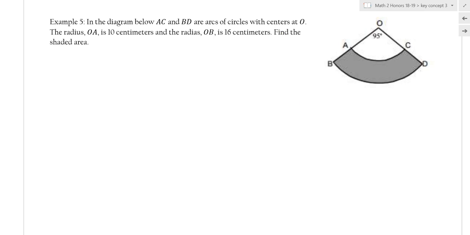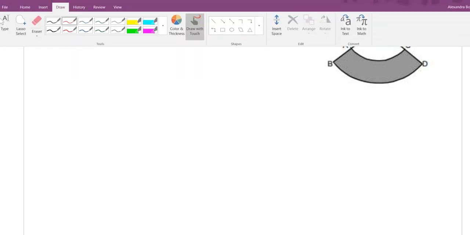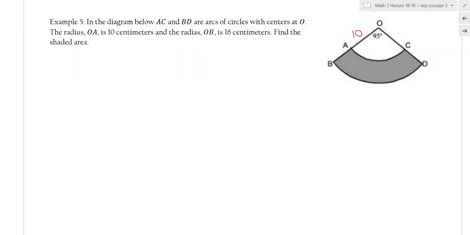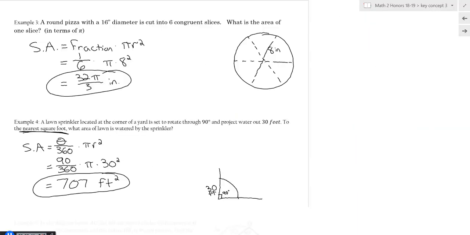Looking at example 5. In the diagram below, AC and BD are arcs of circles with centers at O. The radius OA is 10 centimeters. I'm going to draw that one. And the radius OB is 16 centimeters. Find the shaded area.